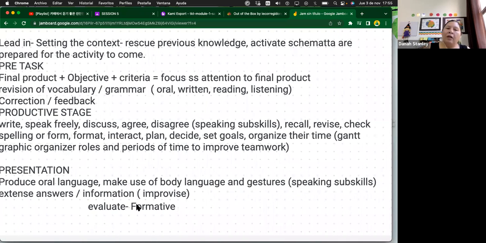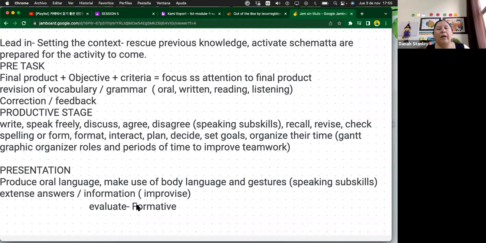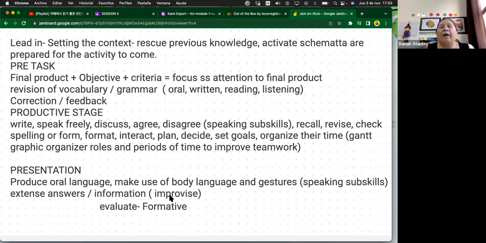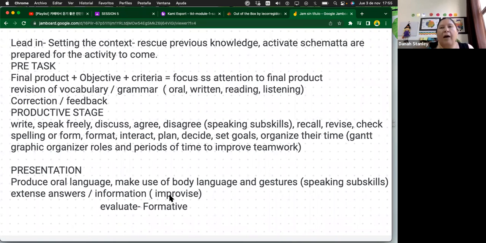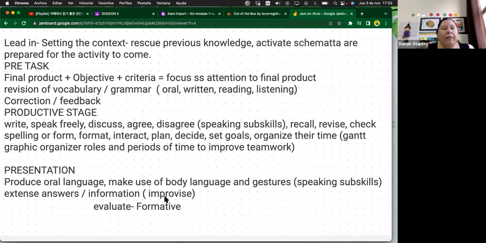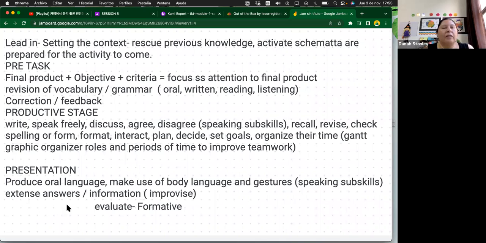Because they are going to make a presentation, they also develop body language and gesturing to convey the meaning of what they are saying, in order to convince, in order to ask for clarification, in order to set this two-way communicative flow, so they can connect with their audience, and they can provide extensive answers, they can improvise.